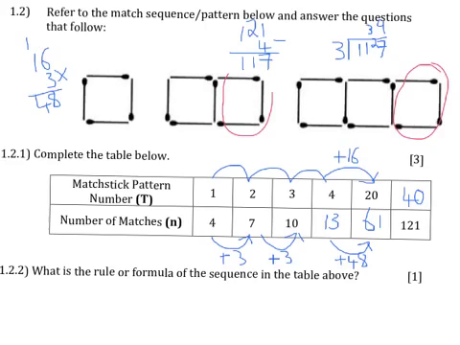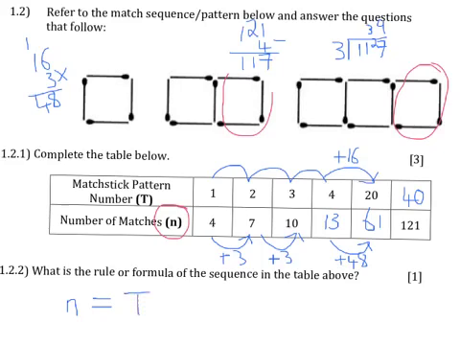Usually our goal is to find out the number of matches, which is represented, and highlighted in bold here, as N. So we say N is equal to, and there is some link between the number of matches and the matchstick pattern number. There's a link between these two, what we call variables, because they vary.